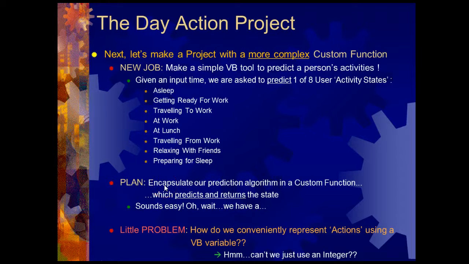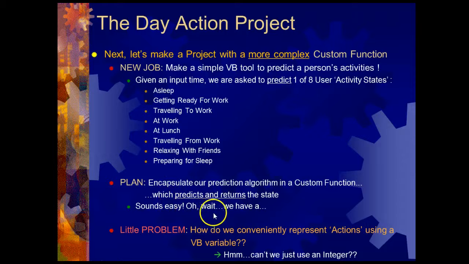Our plan is to encapsulate our prediction algorithm in a custom function, and then call that function, which predicts and returns the state. The state just means, is the person asleep? Is he getting ready for work? And so on. Sounds easy.